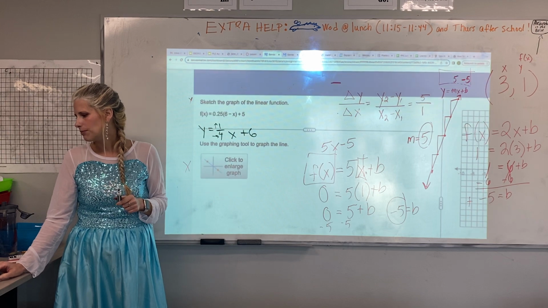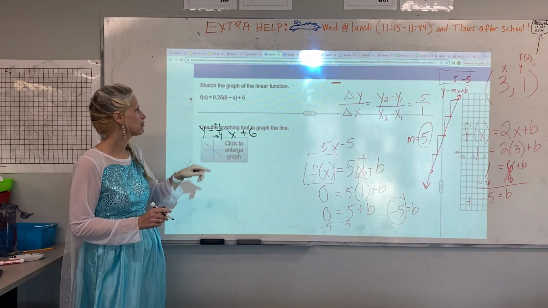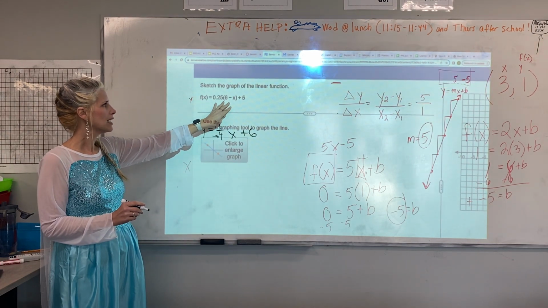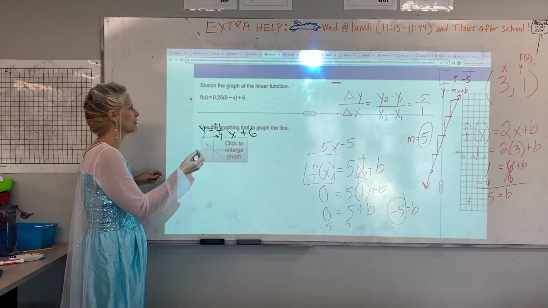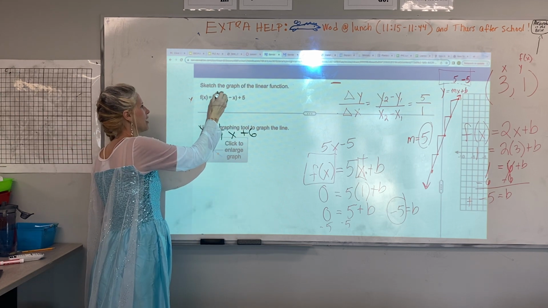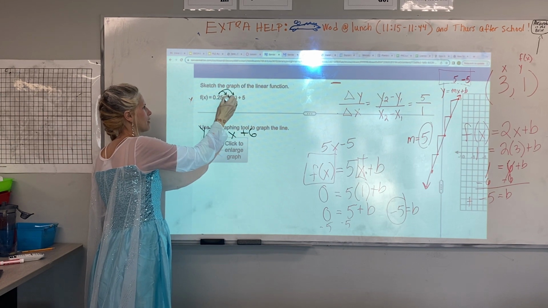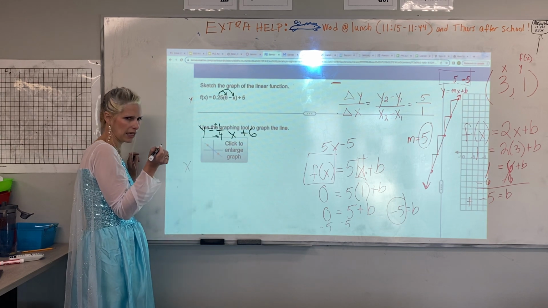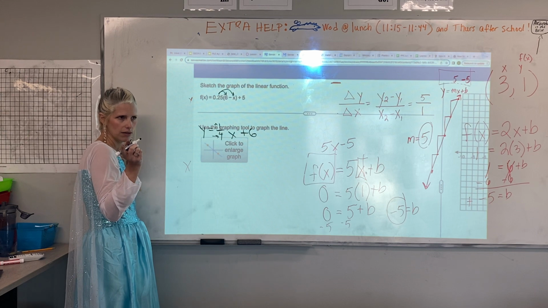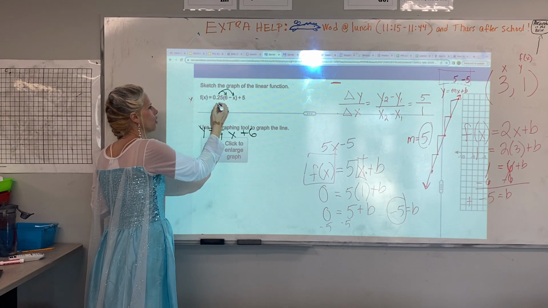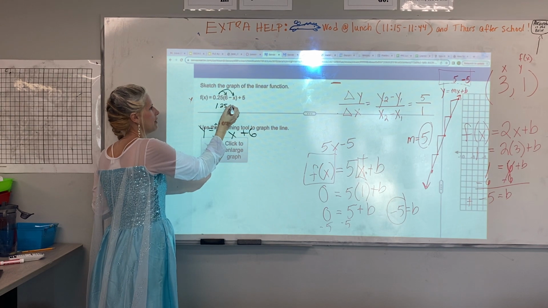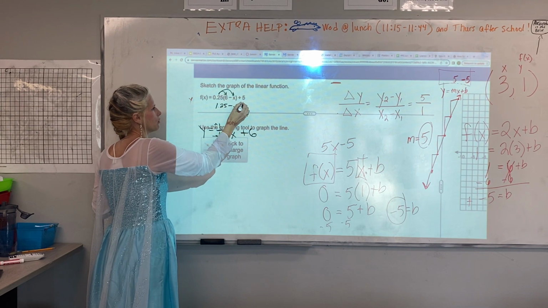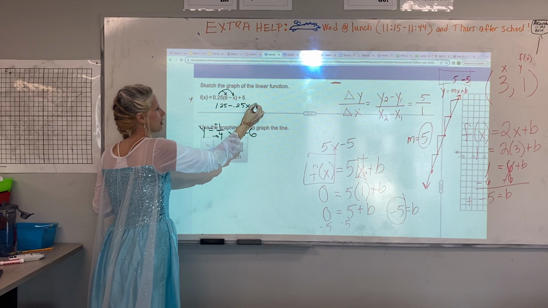Okay, same exact thing here, except you're going to need to distribute to get this in slope-intercept form. So you'll need to multiply. Let's see, what's 0.25 times 6? Can somebody get that? 1.25, thank you. 1.25 minus 0.25x plus 5.